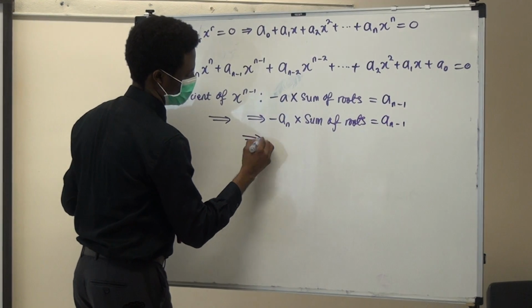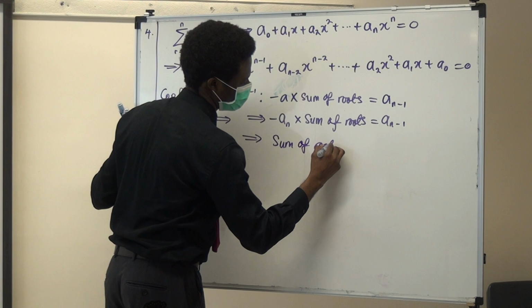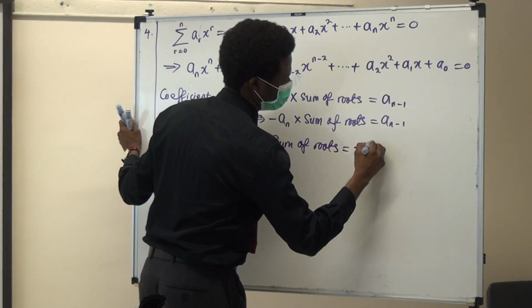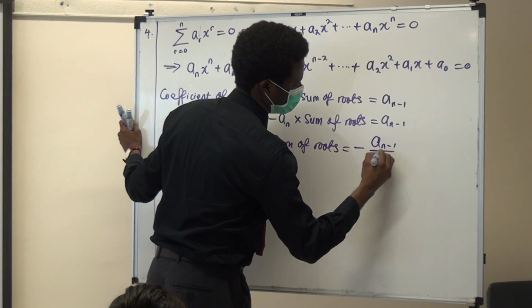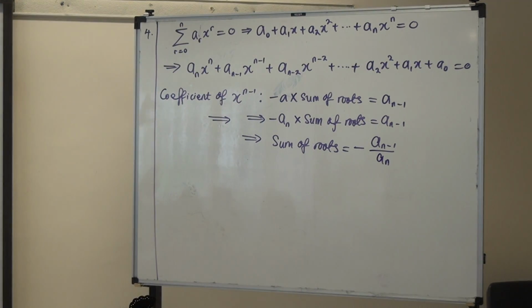And that is where you can conclude the sum of roots in general will be negative a_(n-1) divided by an. So it is the negation of the coefficient of the second term divided by the coefficient of the first term. So without solving the polynomial, you can actually get the sum of the roots. That's the point we're trying to make here.